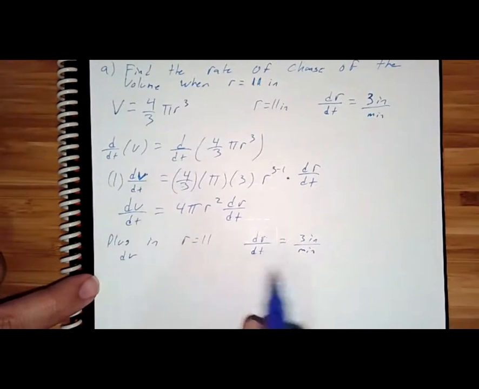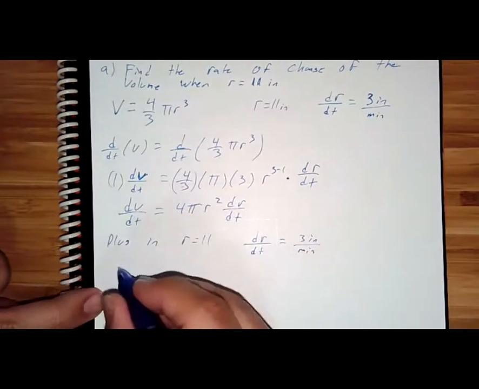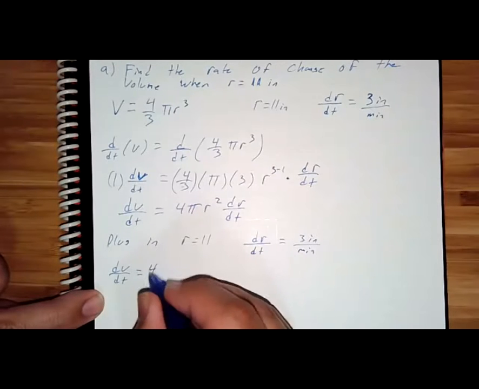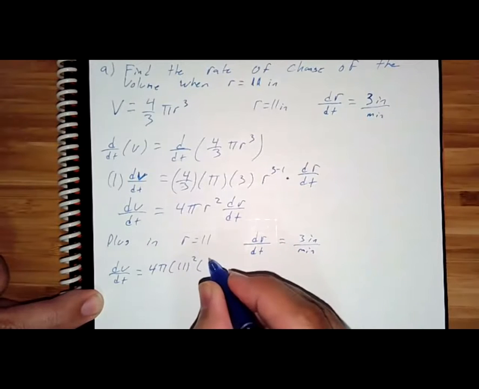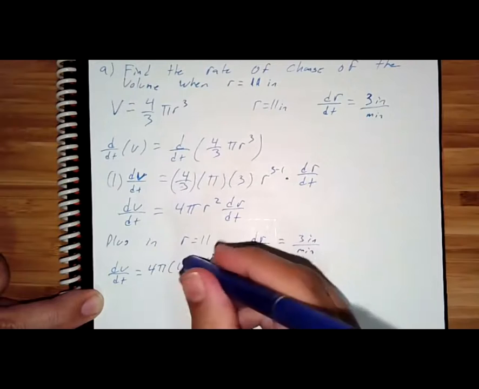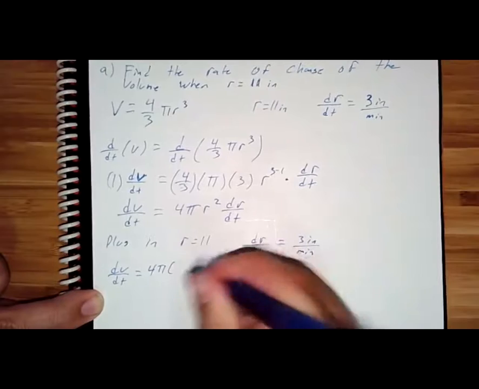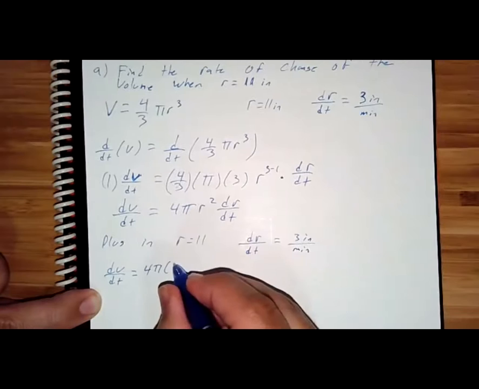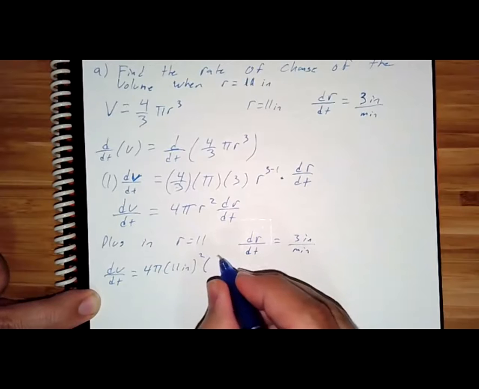So our answer will just be 4 pi times 11 squared times, got my units, 11 inches squared times 3 inches per minute.